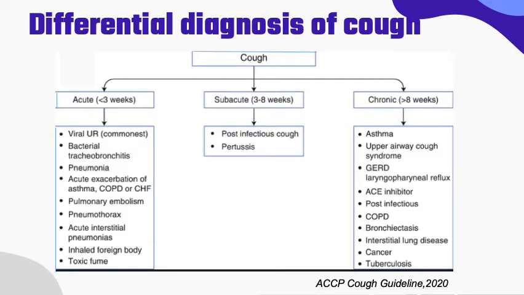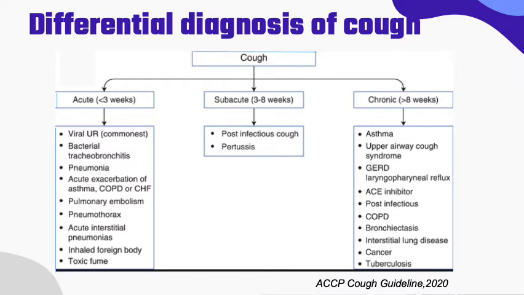For subacute cough, consider that there may also be post infectious cough syndromes, which do not require antimicrobials. Subacute cough can be present with pertussis. Chronic causes of cough are likewise differentiated in terms of having underlying conditions such as asthma, upper airway cough syndrome or postnasal drip, GERD, use of ACE inhibitors, post infectious cough, and COPD.